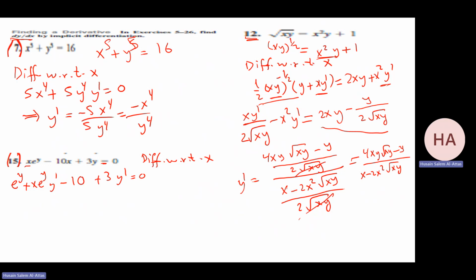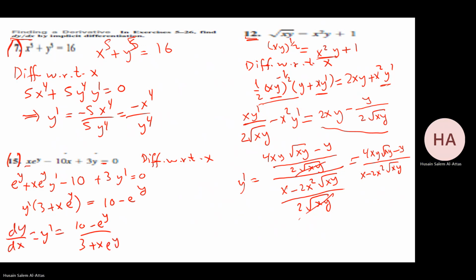What I have here with y prime: 3 plus x e to the power y. On the other side, 10 minus e to the power y. So y prime is 10 minus e to the power y over 3 plus x e to the power y. I mean dy over dx, since you're asking for dy over dx, which is y prime.